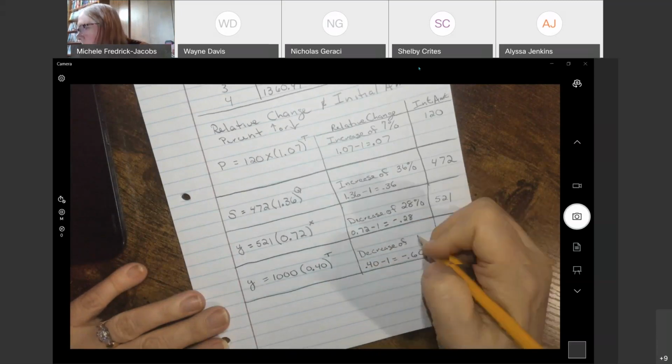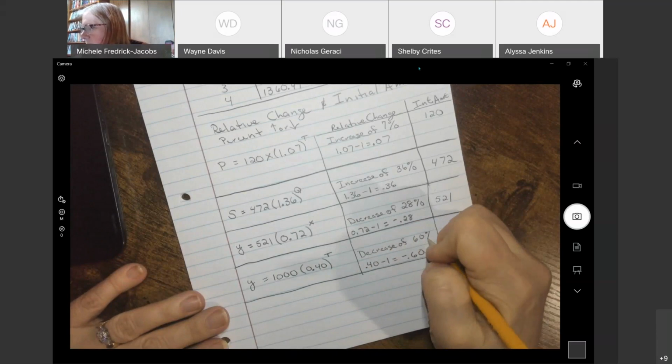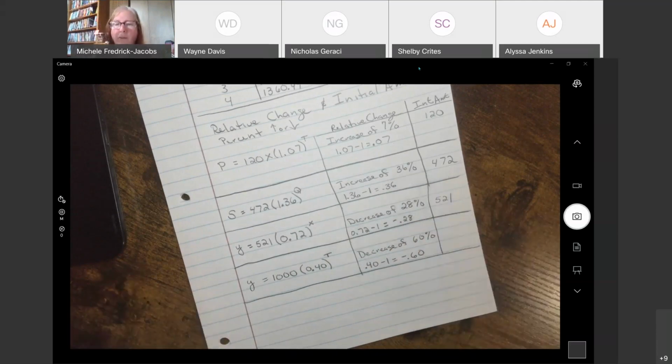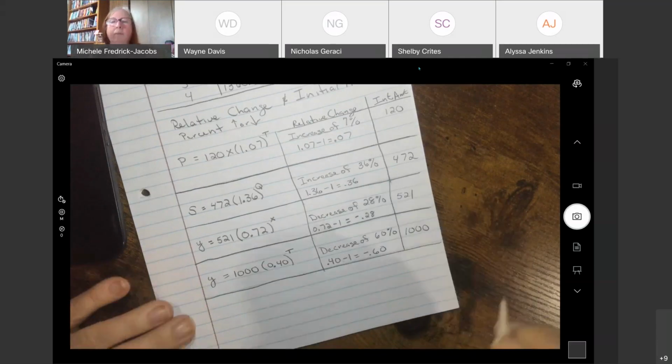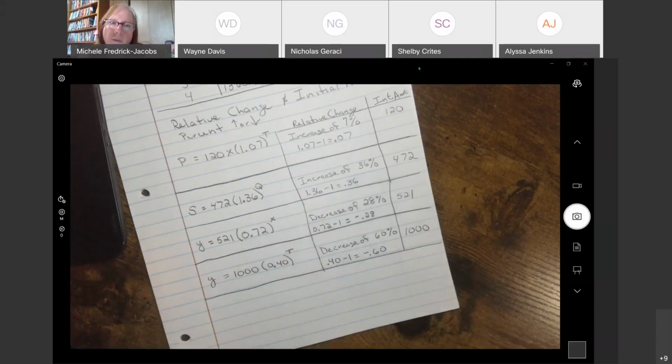And then 0.6 is 60%. Our initial amount, 1,000. Any questions on those? Do you need to see another one?